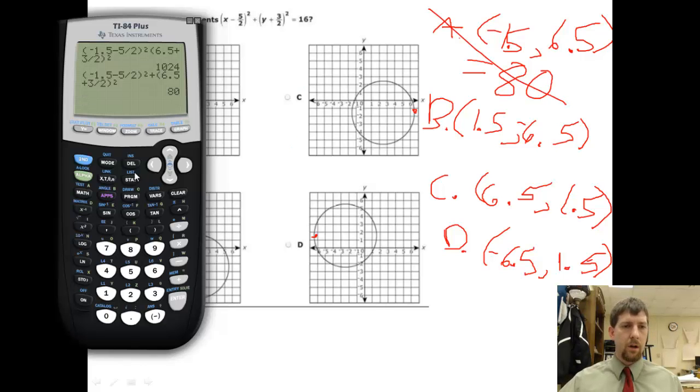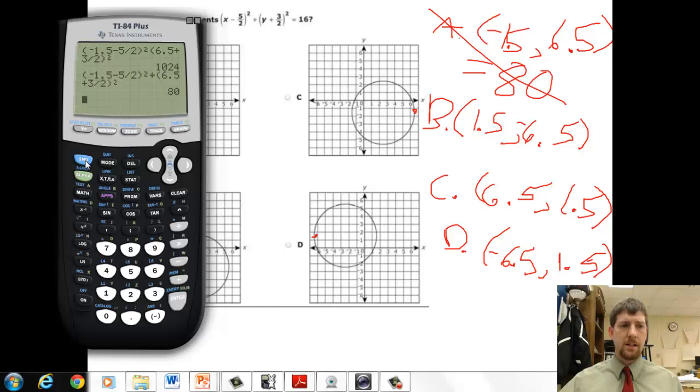That's no good. Now we're going to try choice B. I can hit second enter, guys, if you'll remember, and that'll bring up the last thing I entered in. So I just need to make a couple of changes. My x needed to be +1.5, so I go back and delete the negative. And my y needed to be -6.5.